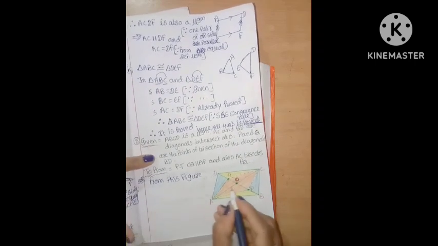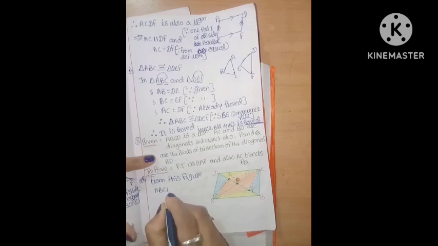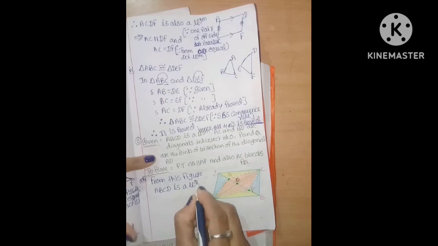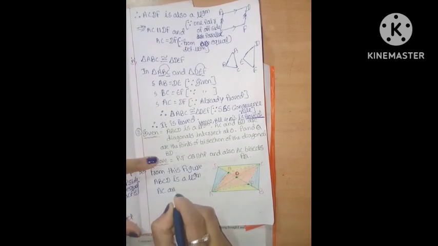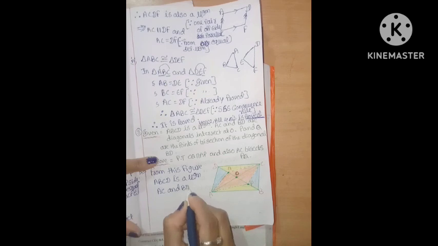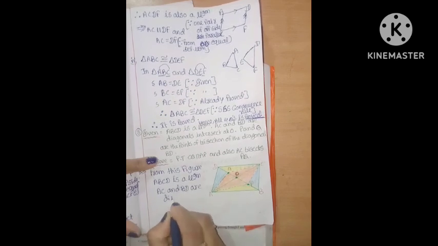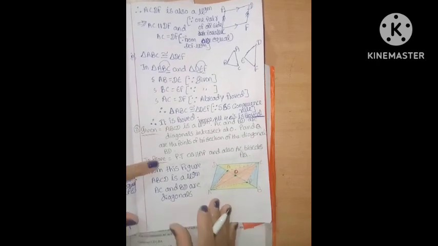Look at this notebook. Listen carefully. From this figure, ABCD is a parallelogram. One parallelogram is given. What other information is given? AC and BD are diagonals. This is given.